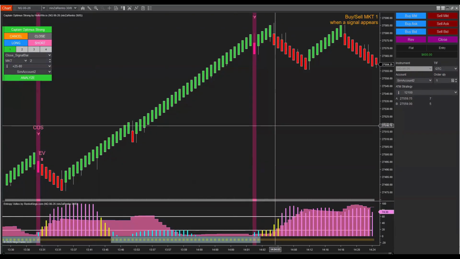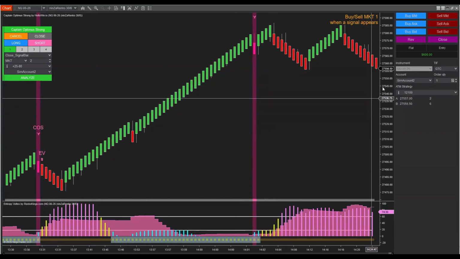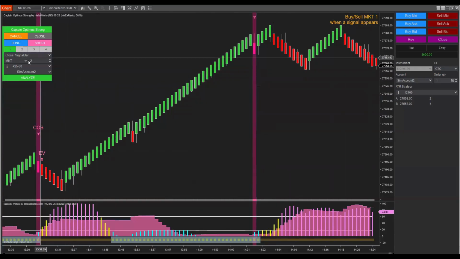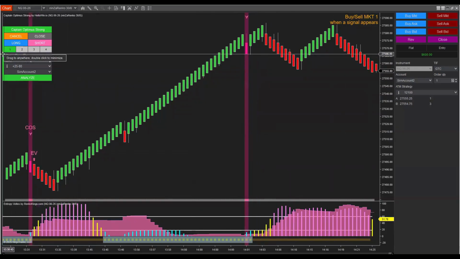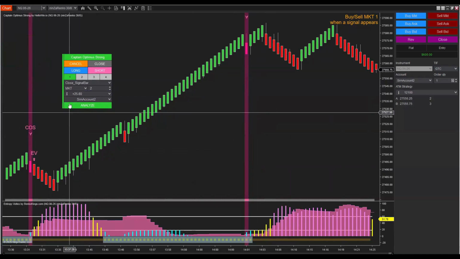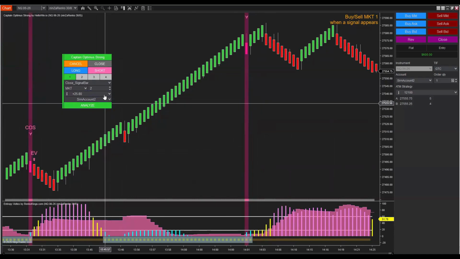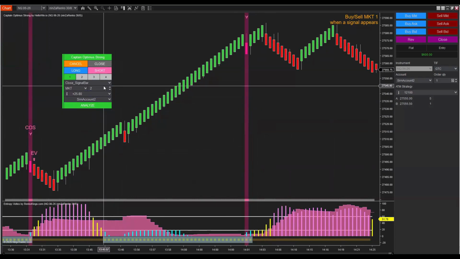That's what I'm waiting for now, to see if it can fire a trade. Over here is the control panel for this software, and you can choose your account, the ATM that you wish, number of contracts, the type of order, meaning a market order, a limit order, or a buy stop order, whatever it may be.